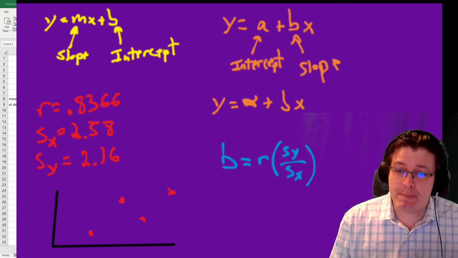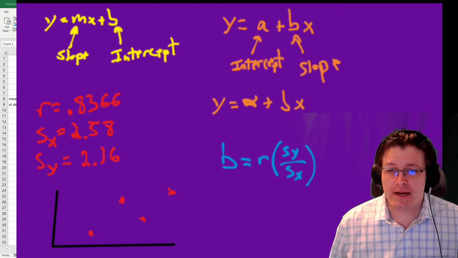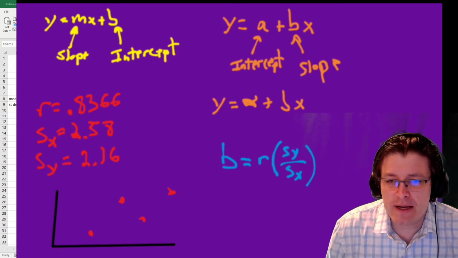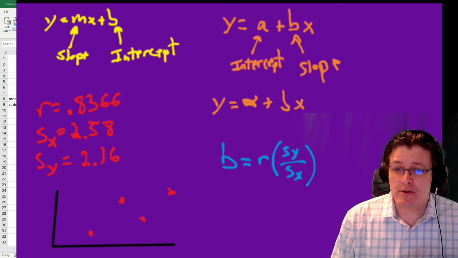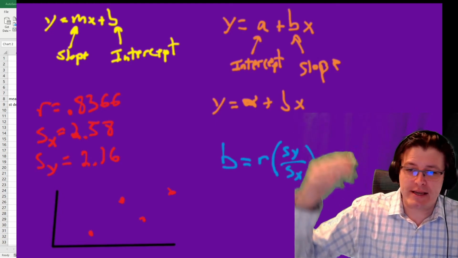Because slope is dependent on units, right? Again, going back to your early math teachings of slope, we're really talking about rise over run. So as a person grows 2 inches, we can talk about weight increasing in pounds.